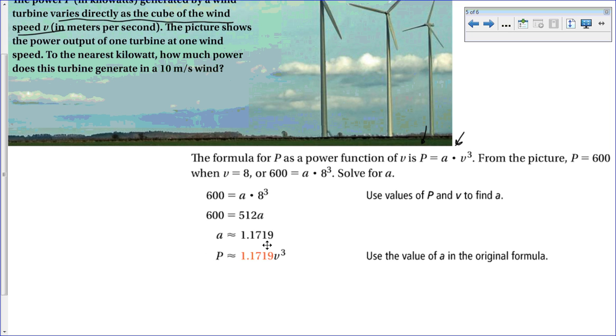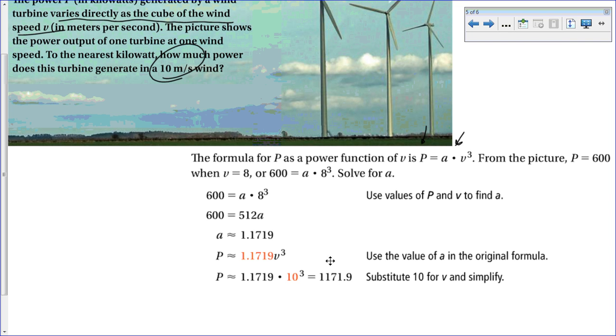So P is approximately, and the reason this is approximately is because this is a run-on, P is approximately 1.1719 V cubed. All right. So we want to know how much is generated when the wind speeds up to 10 meters per second. So all we're simply going to do is plug in 10 for V and then cube it and then multiply it by the 1.1719.